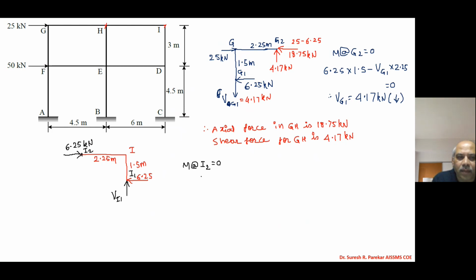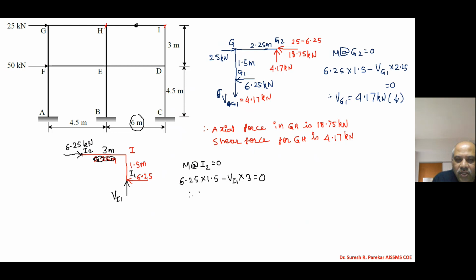And then we will have moment about I2. So we have 6.25 into 1.5 minus, sorry, now this distance is not 2.5 meters. Now you can see we have this as 6 meters, and we have the center of this, so this distance becomes 3 meters, and minus Vi1 into 3 is equal to 0.